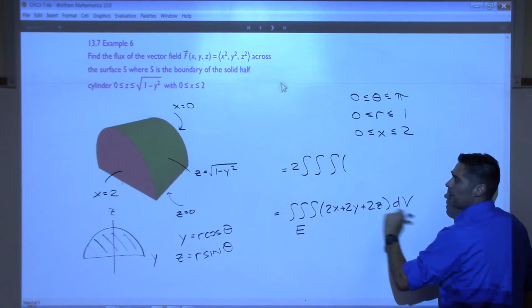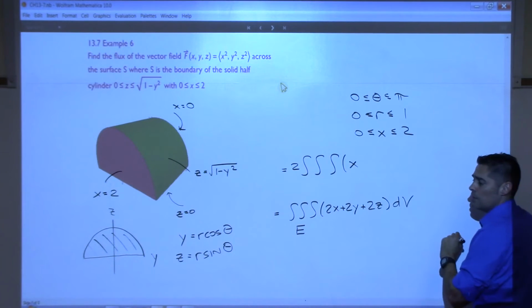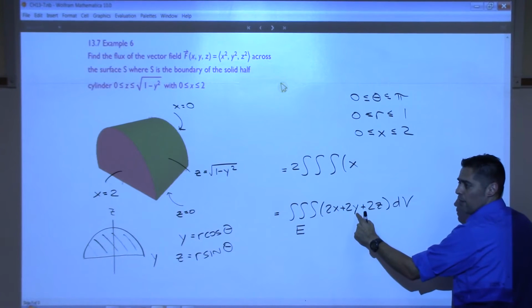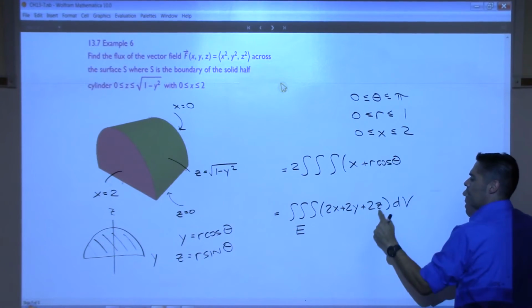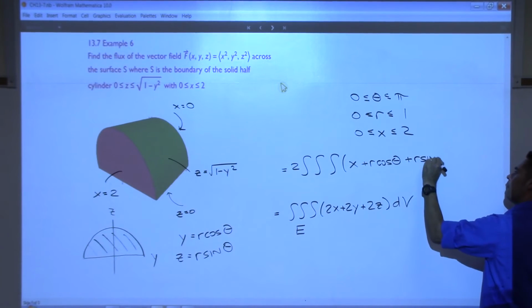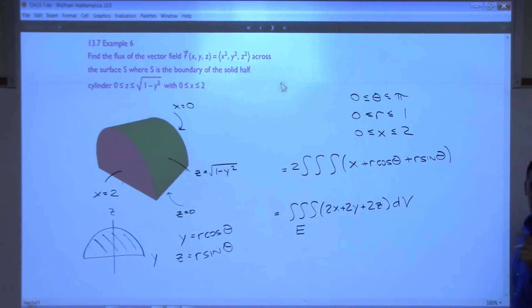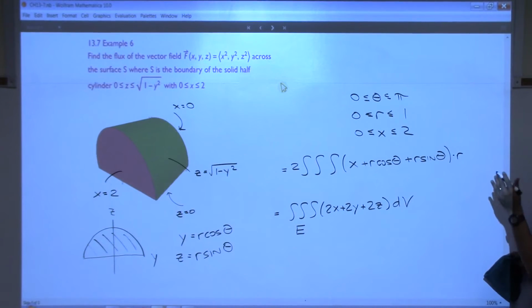X by itself is one of our variables, so just x. The y by itself, what was y? R cosine theta. And then plus, what was z? R sine theta. All times r, because we did do a conversion, right? Cylindrical is polar, so I have to put an r. And then I have d theta, dr, dx.